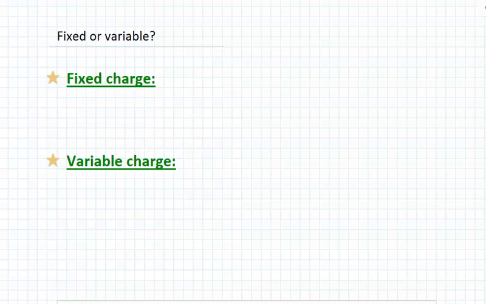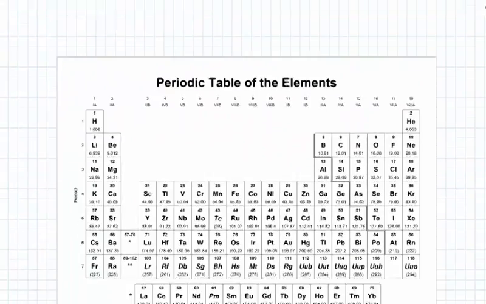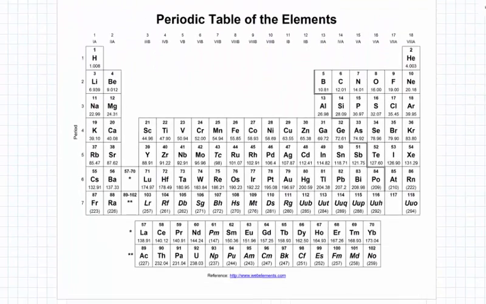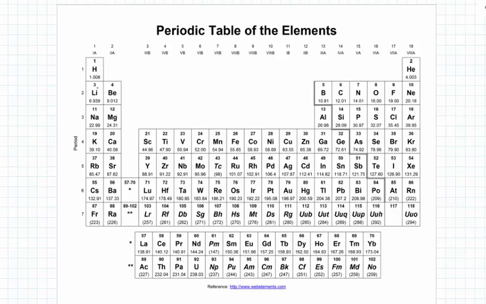So the fixed charge metals that we already talked about, and we've got this periodic table right here that you can draw on. These ones were plus, you can go all the way down. These ones were 2+. You can go all the way down. So that was 1A and 2A.